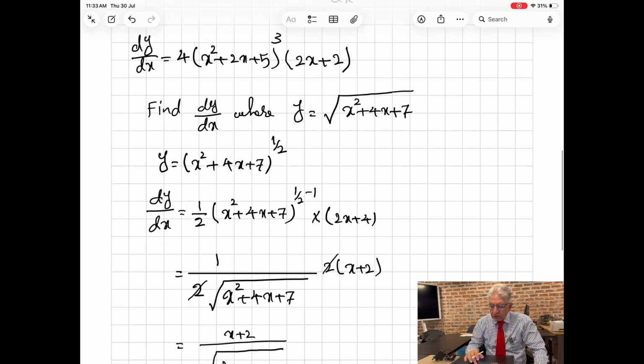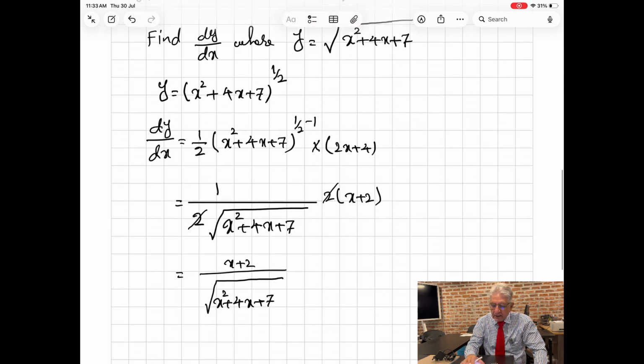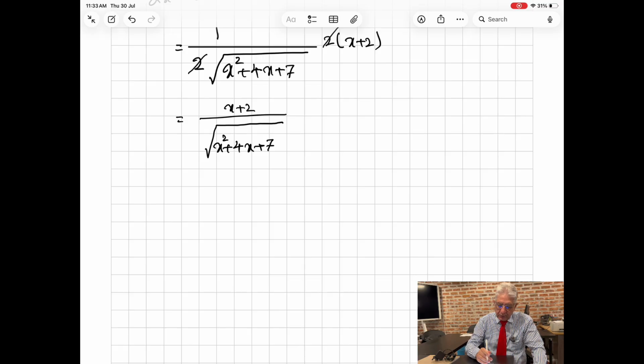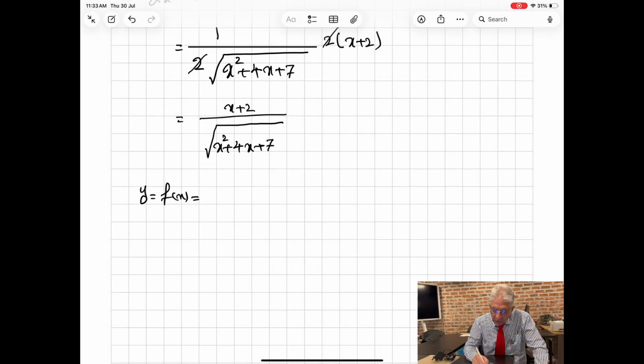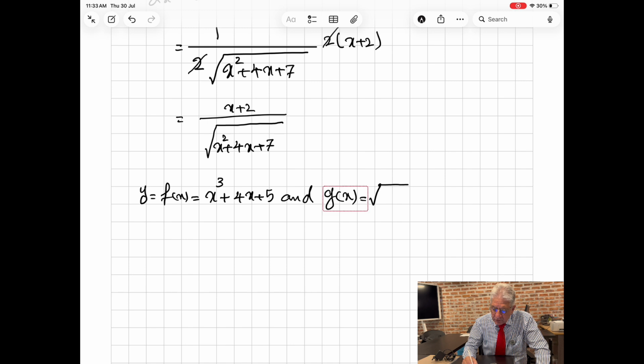I will give another question. Suppose y is equal to f of x, which is equal to x to the power of 3 plus 4x plus 5, and g of x is equal to the square root of x squared plus x plus 1.